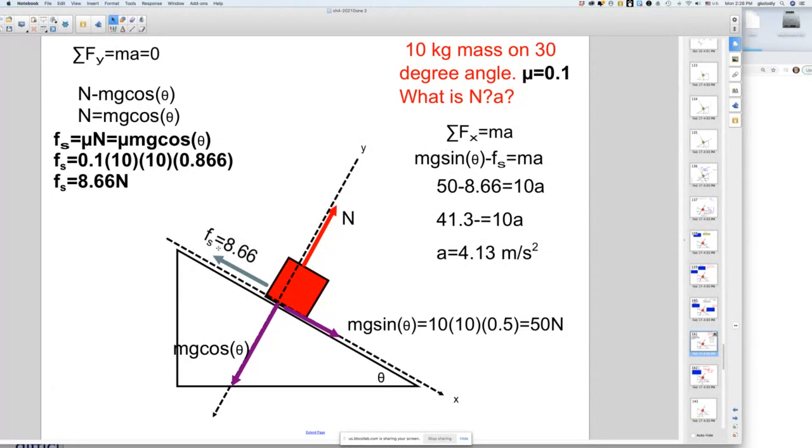It's this 8.66 up, and this is 50 down. It's mg sine theta, so for these numbers, that comes out to 50. And the difference between those two: mg sine theta, which is 50, minus 8.66, which is Fs, is equal to Ma, which is 10a. And you can solve for a here to be 4.13 meters per second per second.